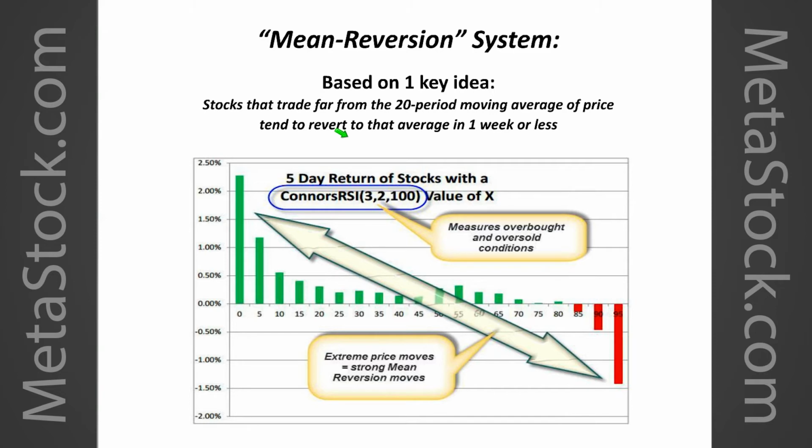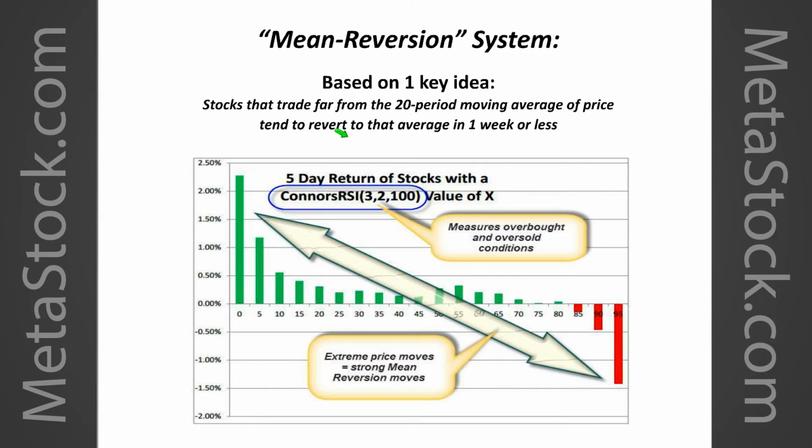It's called the Connors RSI. It's based on an RSI, relative strength index reading, using either a 2 or a 3 period periodicity, among other things. And it does register very nicely some extreme price movements.